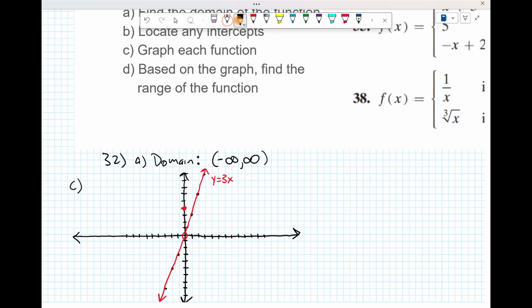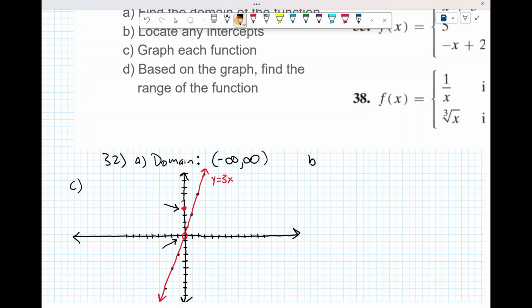Are there any intercepts? Does my graph touch either of the axes? Well, it doesn't hit the x-axis because there's a hole there, right? That's an open circle right there. It actually doesn't touch x. The y value is never equal to 0, right? It never touches the x-axis. However, it does touch the y-axis.